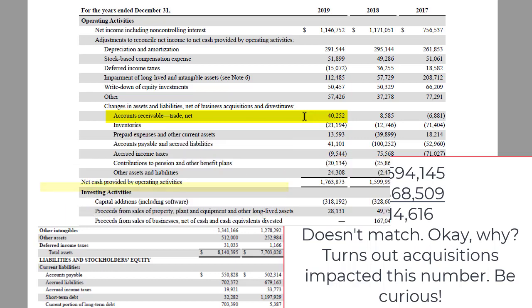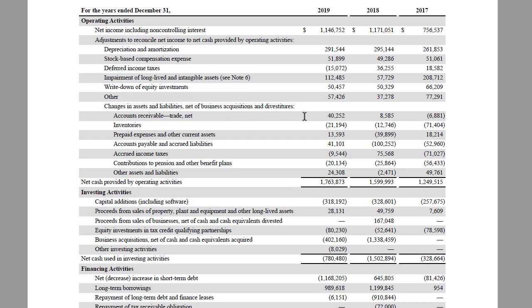So accounts receivable was a positive number, which means accounts receivable actually went down. That means the company was collecting its receivables faster than its sales. And we can tell by this statement below here that inventories grew, and we knew that because it's a negative number.